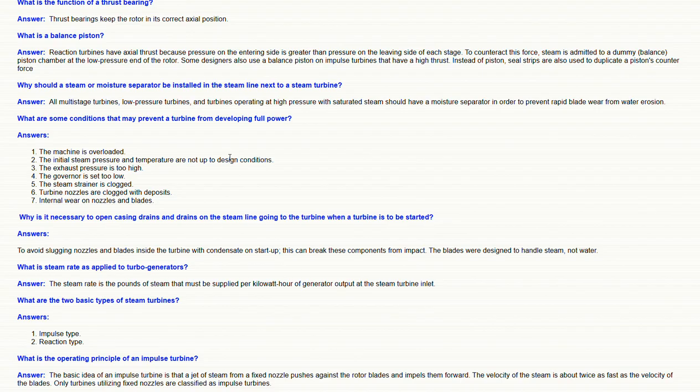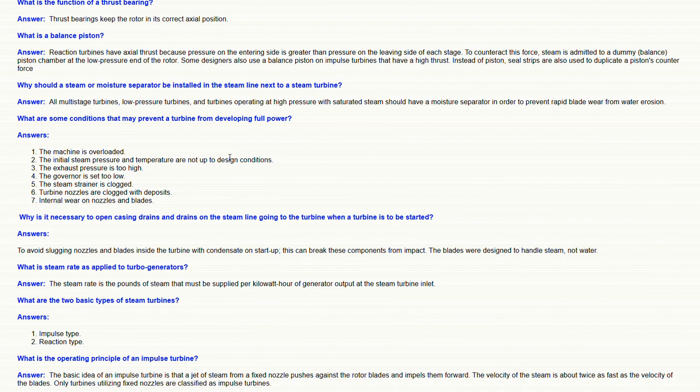The second one is, if your steam pressure is not maintained, then the turbine will not develop full power. Then next one is if the governor is not set, if the governor pressure is not set, it means your governor is not operated at rated pressure.